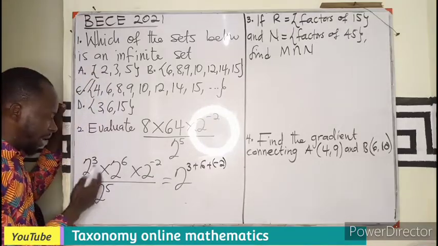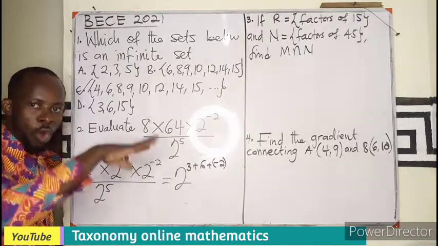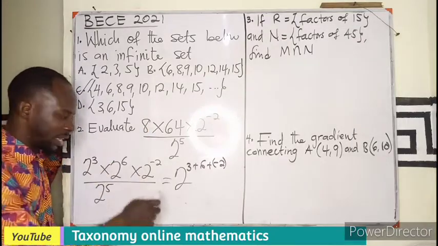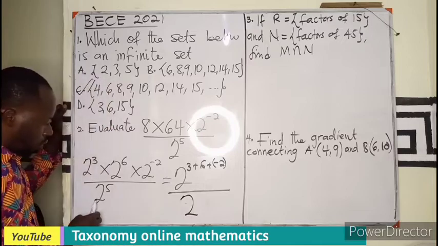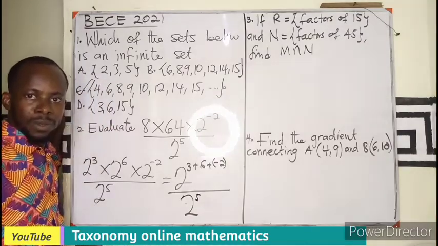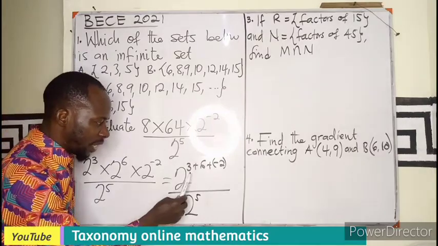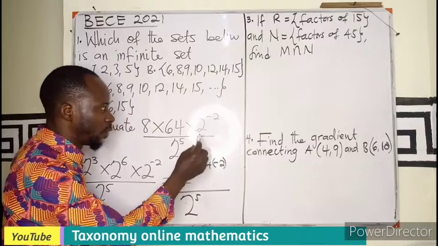We are saying the bases are the same, so we are only adding the exponents. The base, we pick one. So all this will be divided by 2 exponent 5. In this case, if you add 3 plus 6, I believe you will get 9.